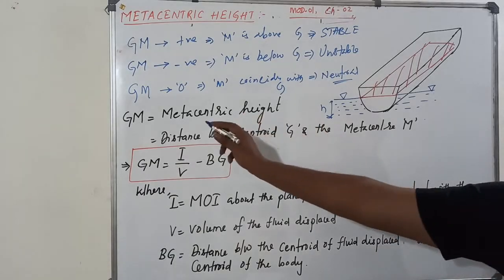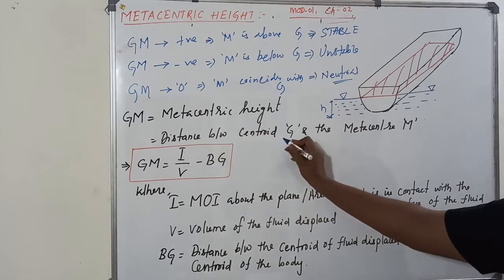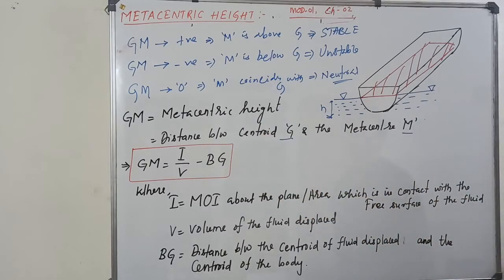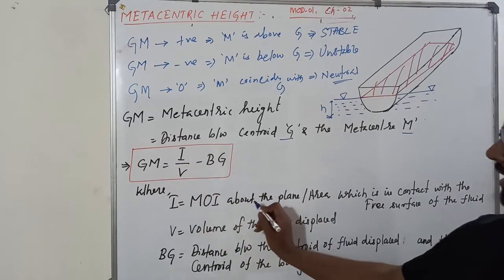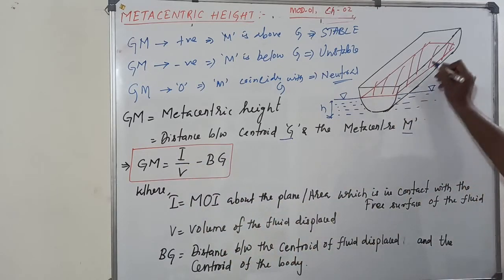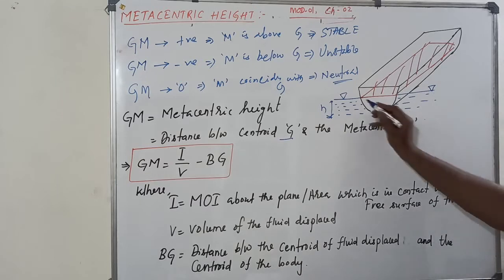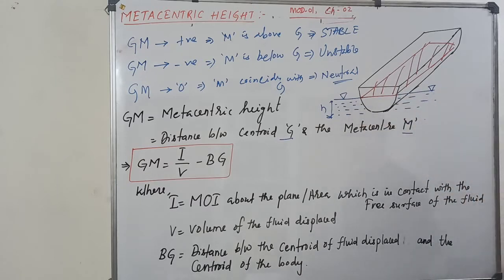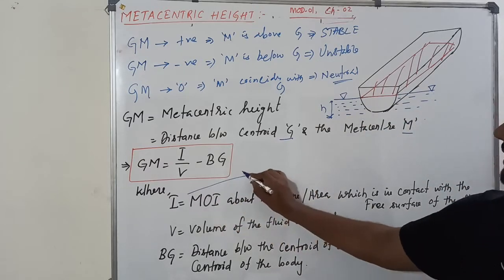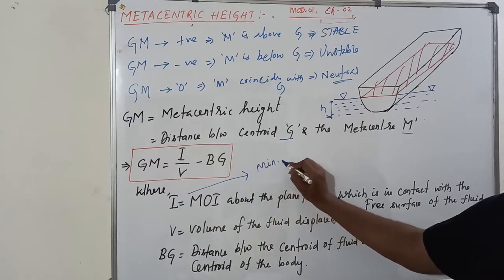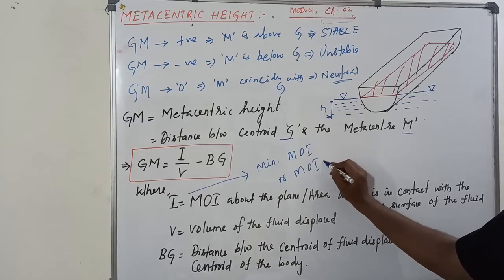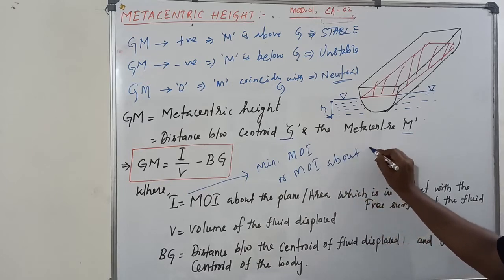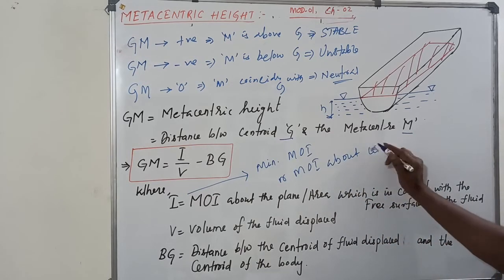GM is the metacentric height, that is the distance between the centroid G and the metacenter M. GM equals I by V minus BG, where I is the moment of inertia about the plane or area which is in contact with the free surface of the liquid. This I is also your minimum moment of inertia, or moment of inertia about the centroidal axis, about the longitudinal axis.